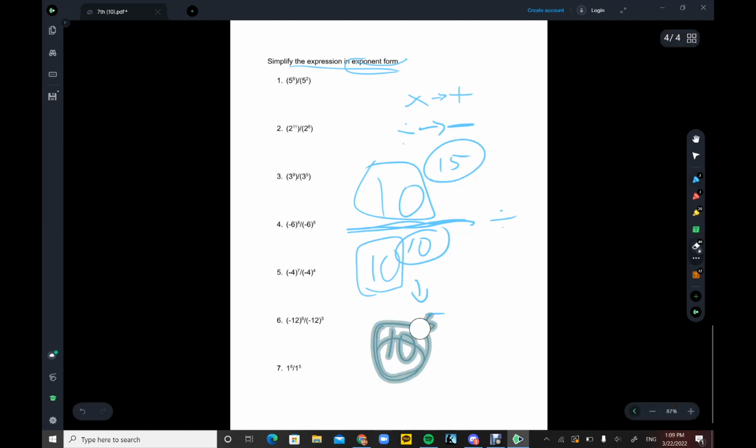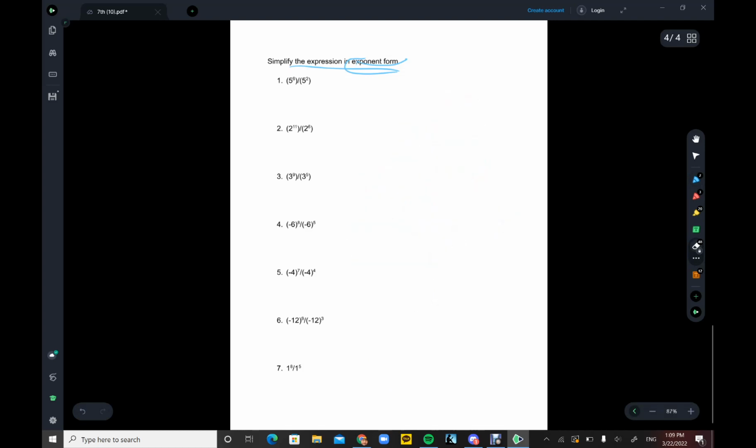Okay. Now let's try number 1. Number 1 is 5 to the 6th power over 5 to the 2nd power. This is division, so you would subtract the exponents. So 6 minus 2 equals 4. So your answer would be 5 to the 4th power.